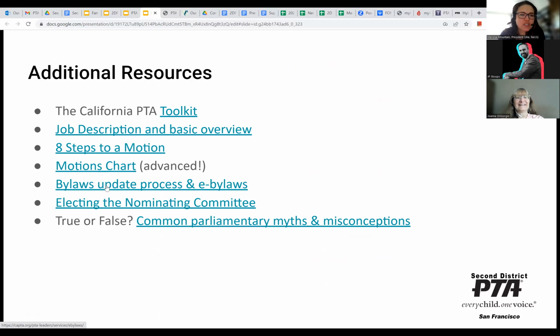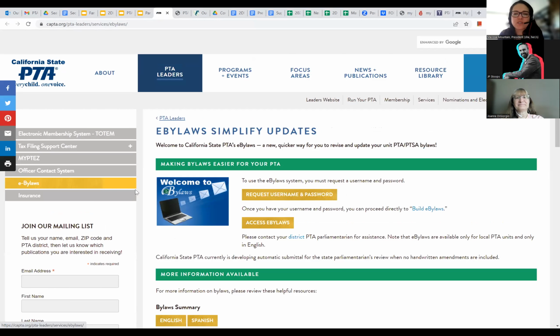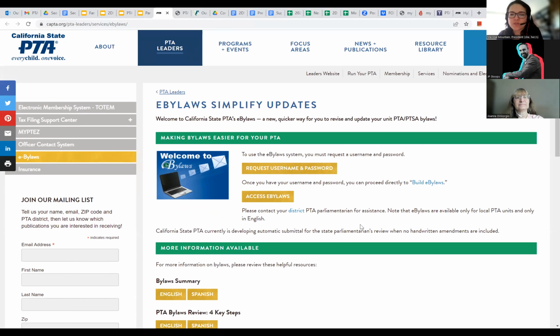There's a motions chart. This page here, so when you start to update bylaws or just want to bring it to the most current version, you start off with e-bylaws by going to this page. You'll start off by requesting a username and password. Takes a couple days. There's a volunteer on the other end of that link that will give you access.